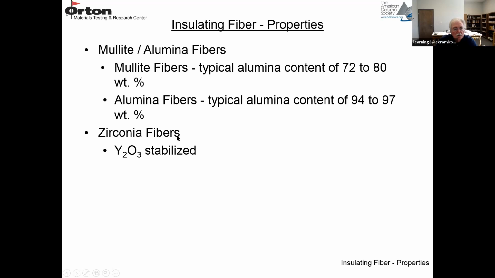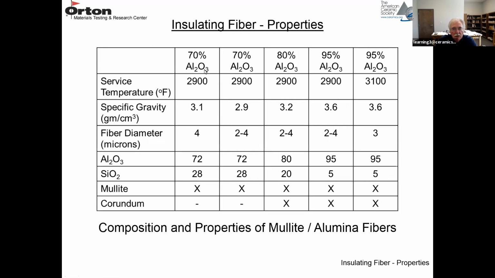And you can have zirconia fibers, and they can be stabilized. You can use calcia, or in this case, I've listed yttria, Y2O3. Here's some of the higher alumina content fibers.